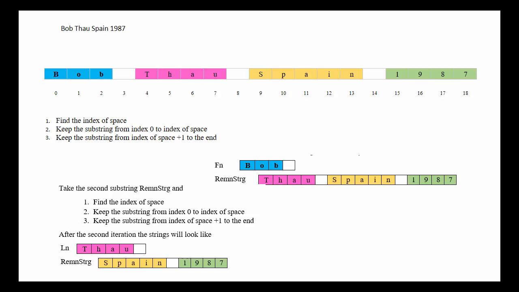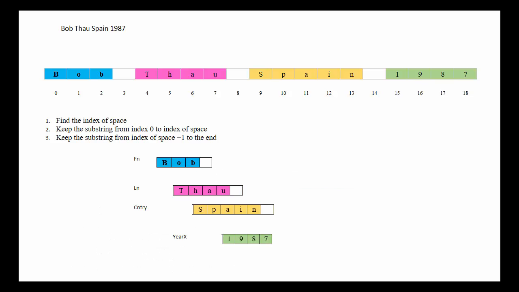And we repeat the process. At the end of the process, I have isolated 4 string variables. Let's name them fn, ln, country, year, and now I can display those substrings any way I want. And that's the technique of divide and manage strings.